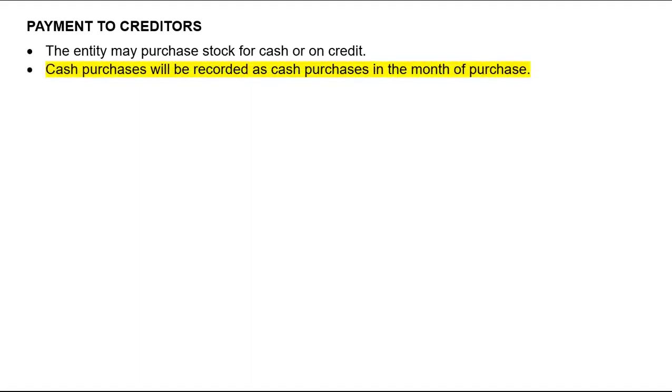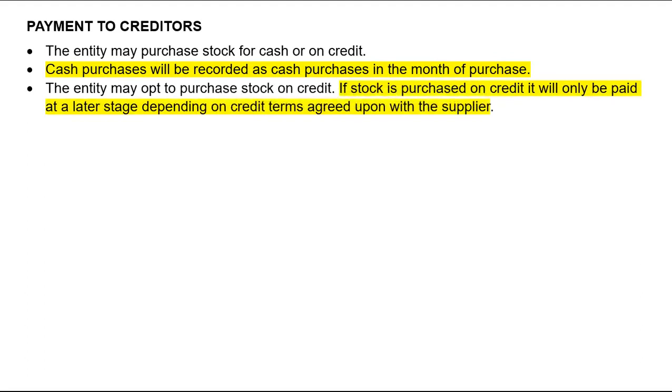By the way, similarly, as the business, we are also allowed to purchase stock for cash or on credit. Cash purchases will be recorded as cash purchases in the month of the purchase, and credit purchases will actually be paid at a later stage depending on the credit terms agreed upon with the supplier. The entity may opt to purchase stock on credit.